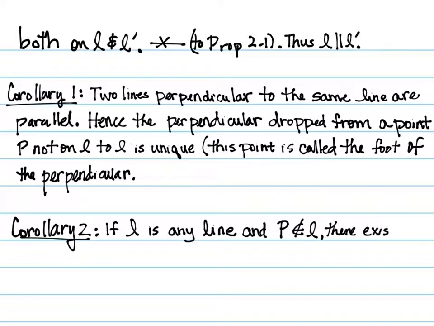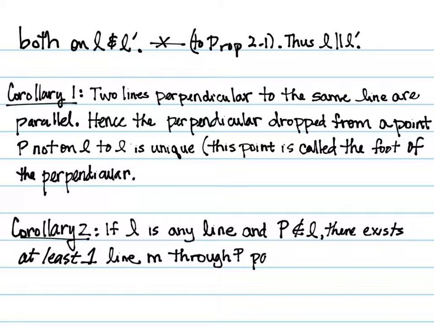There exists at least one line M through P parallel to L. The proof for this uses proposition 3.16.